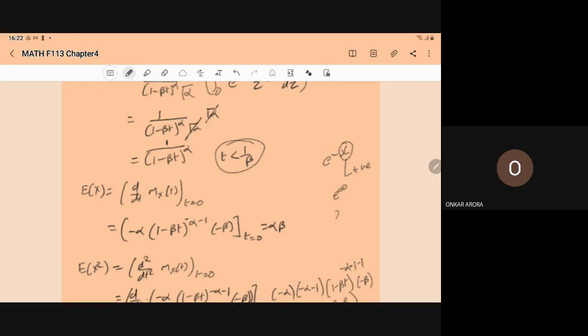But e to the power minus infinity is 0, and only then can you define it. Here we have the graph like this, so at infinity it will meet the x-axis, meaning f(x) is equal to 0. That is possible only when we have e to the power minus of a positive, then only it is possible.